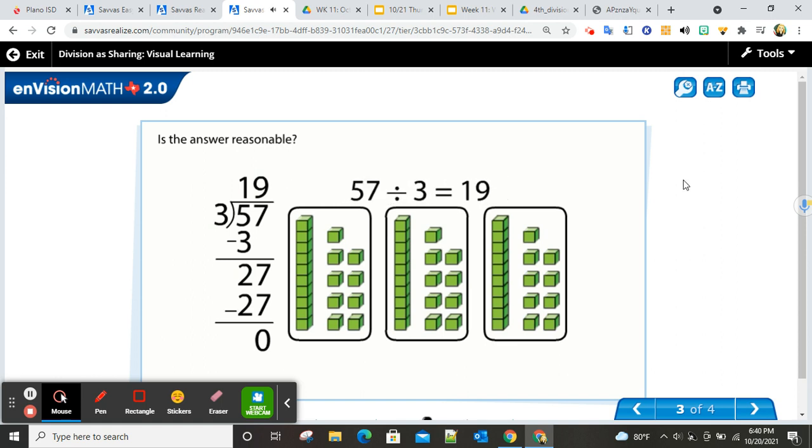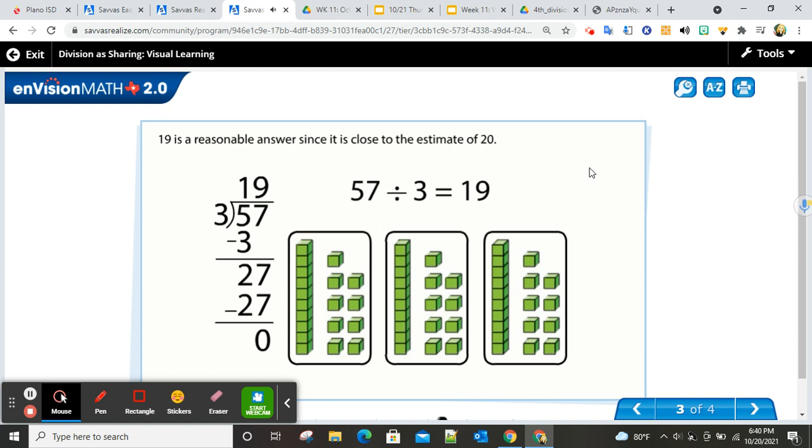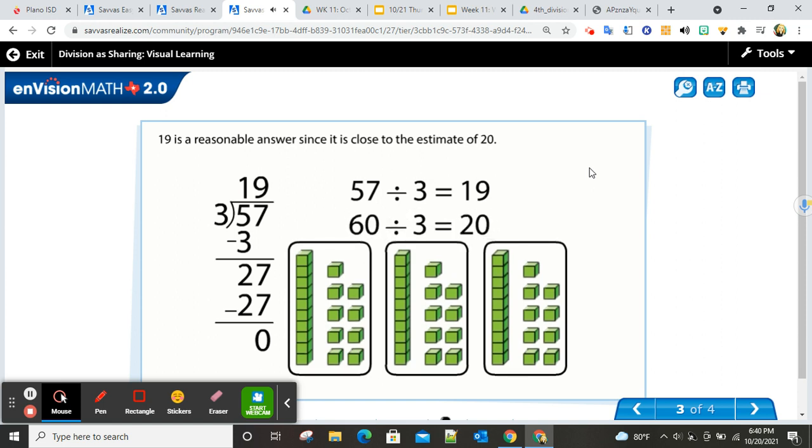Is the answer reasonable? 19 is a reasonable answer, since it is close to the estimate of 20. How does knowledge of basic division facts help you divide 2-digit numbers?